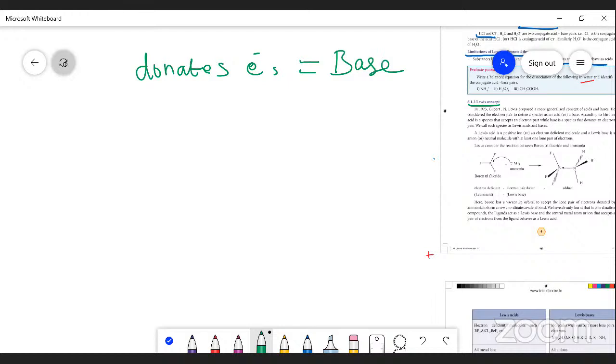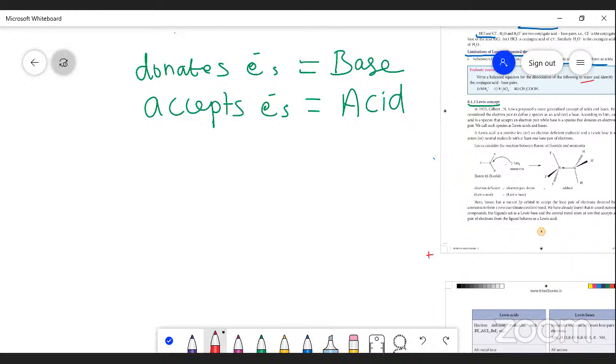The substance which accepts the pair of electrons is called an acid. This is the concept given by Lewis. The simple way to recall it: based on this electronic concept, a substance that donates a pair of electrons is called a basic substance, and if the substance accepts the pair of electrons, it is called an acid.